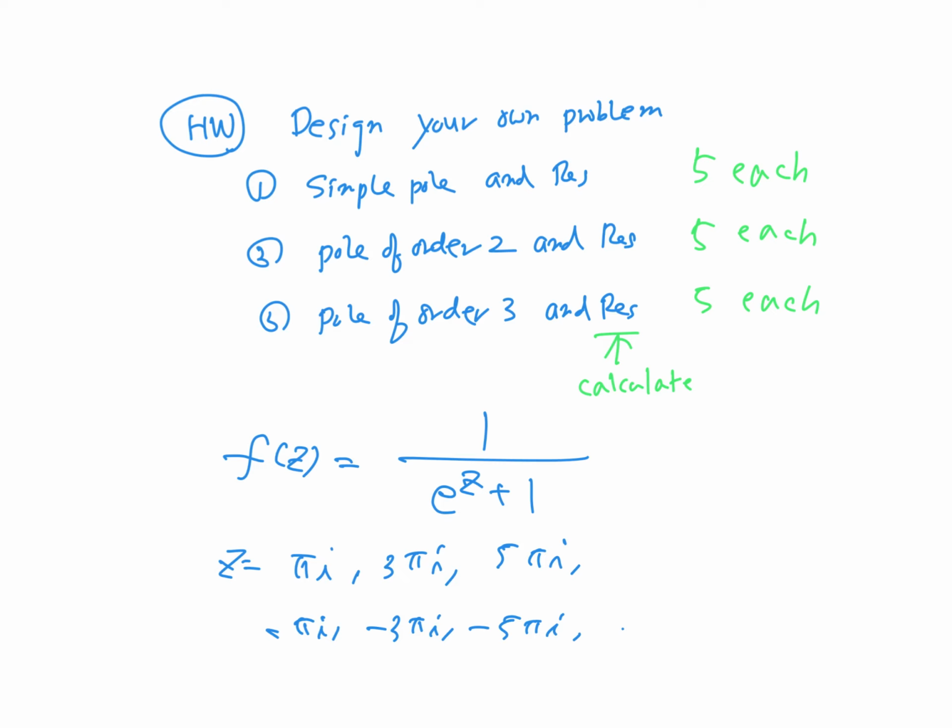So let's try to classify this. Take z going to pi i, (z minus pi i) times 1 over (exponential z plus 1).